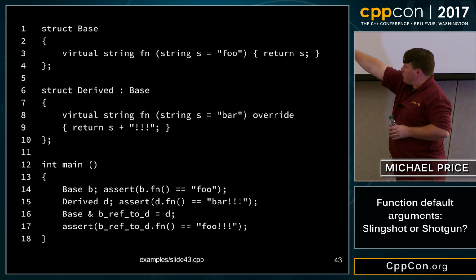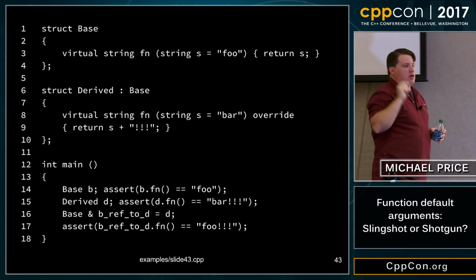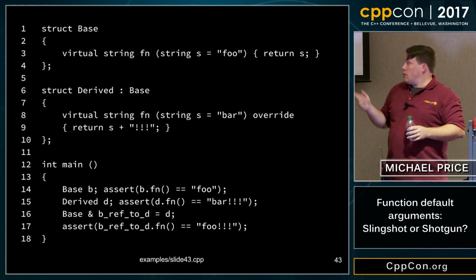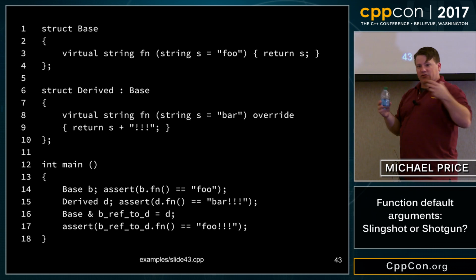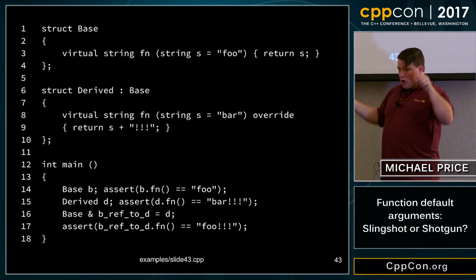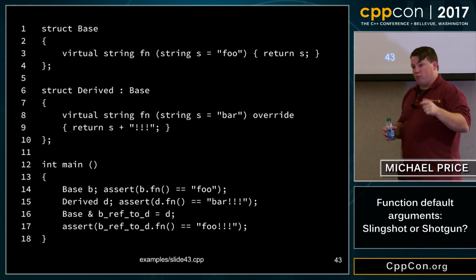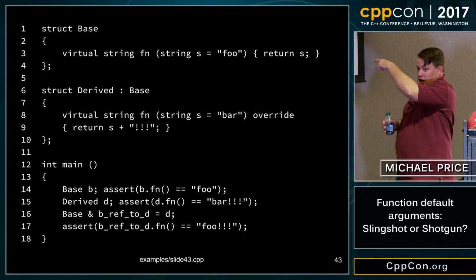You call d.fn and you get bar bang bang bang. But if you invoke this from the base, so you can get a reference to the base from that D object, if you call it from that static type, you're going to get base's default argument and derived's implementation.